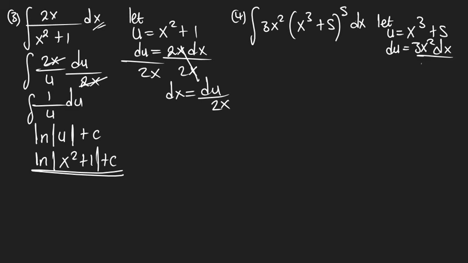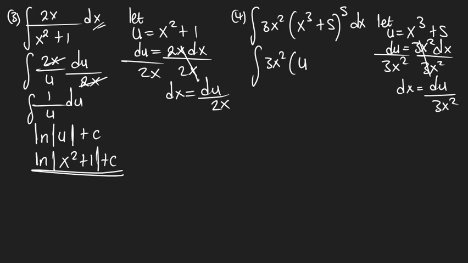And of course you make your dx the subject always, so that your dx can equal your du over 3x to the 2. So now you are going to have 3x to the 2, u to the power 5, then of course your du over 3x to the 2. This and that can go.